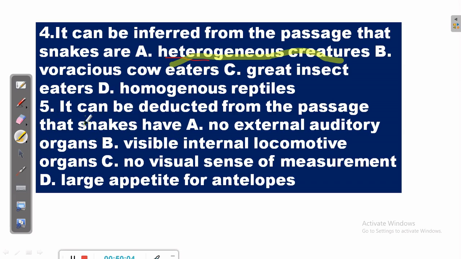Now, question number 5. It can be deduced from the passage that snakes have A, no external auditory organs. There's nothing in the passage that tells us this, so we can eliminate it. B, visible internal locomotive organs. We are not told about the internal organs.